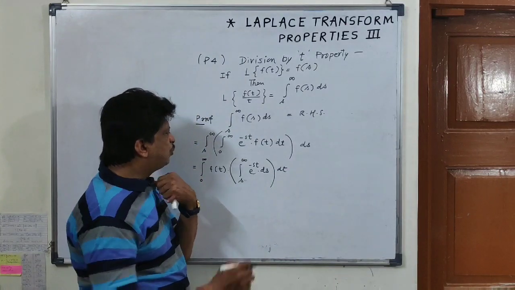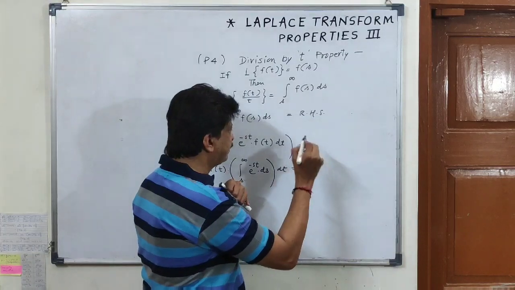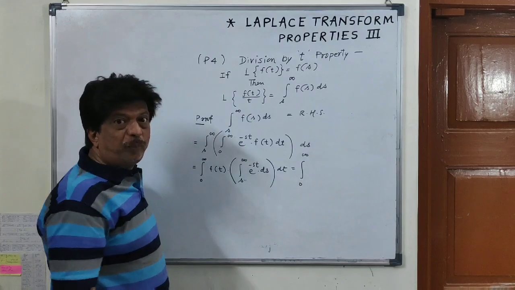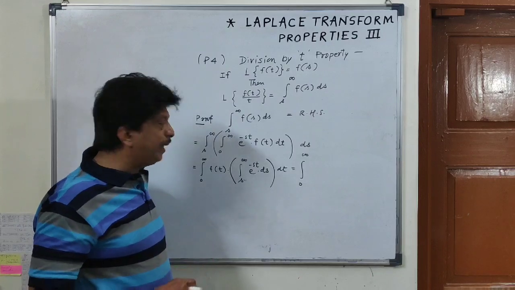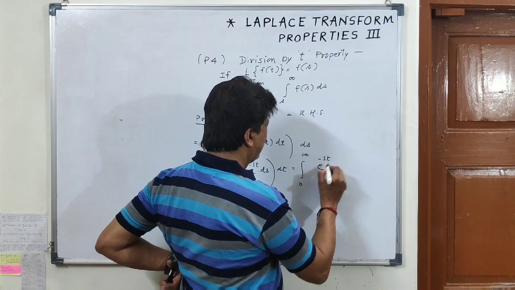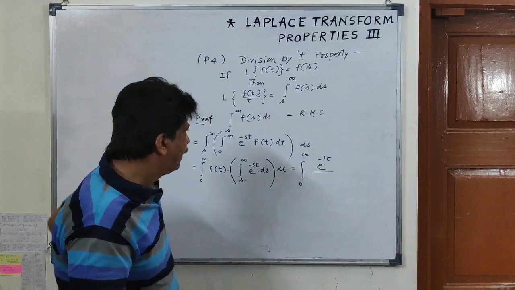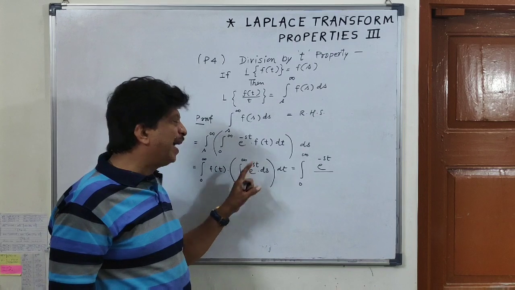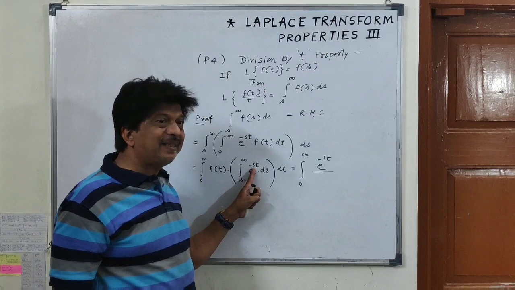That is further equal to integral 0 to infinity. Now what is this? Integral of e raised to power minus st with respect to s, it is e raised to power minus st upon the derivative of minus st with respect to s.